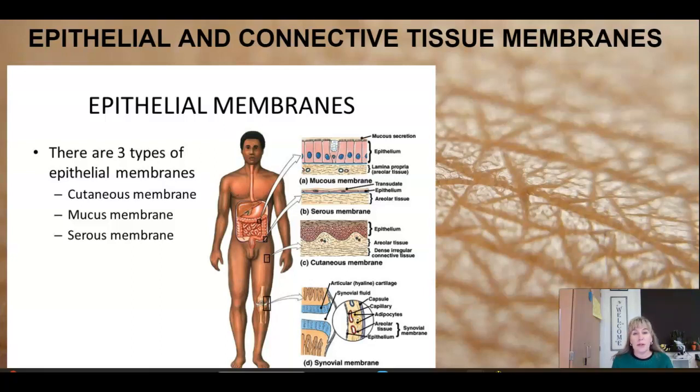The cutaneous membrane is the dry membrane. It is the external coating, highly keratinized, very good at waterproofing, really creating a barrier between us and the external environment. The mucous membranes are really great for secreting substances or absorbing things.